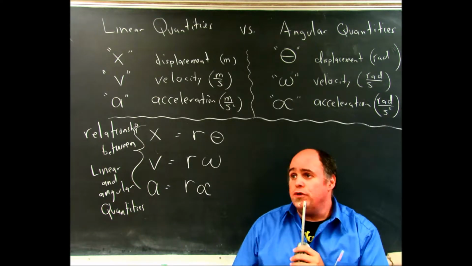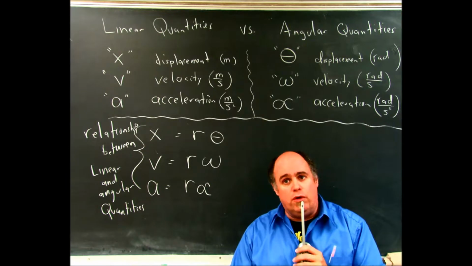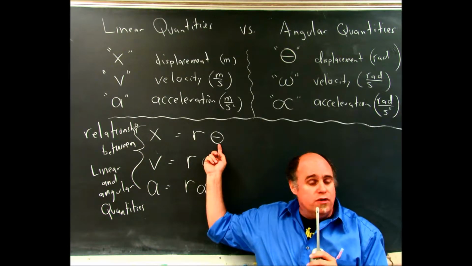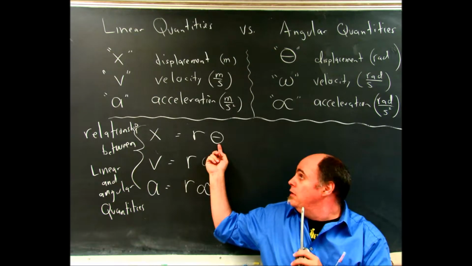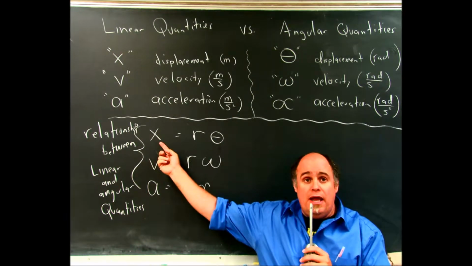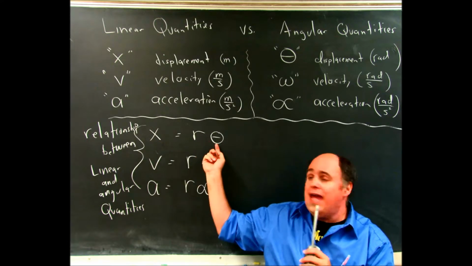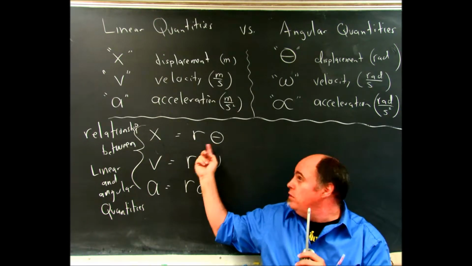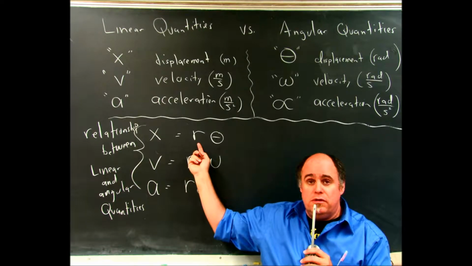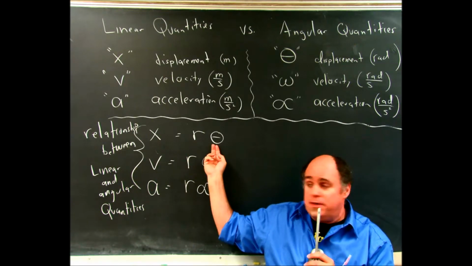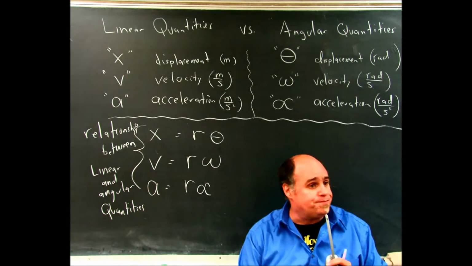So for instance, if you were driving your car down the road, your tire would go through a certain angle, and the linear distance that your car goes would be related to the angle your tire moves through by the radius. So if you took the radius times the angular displacement, you'd get a linear displacement.